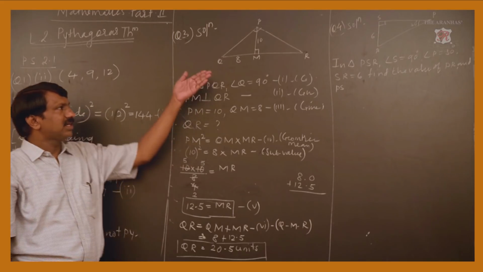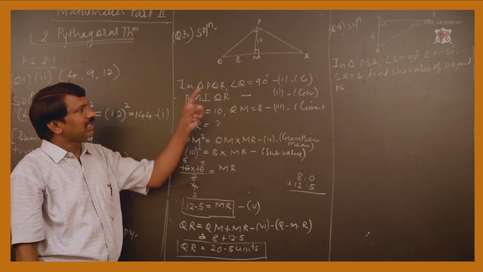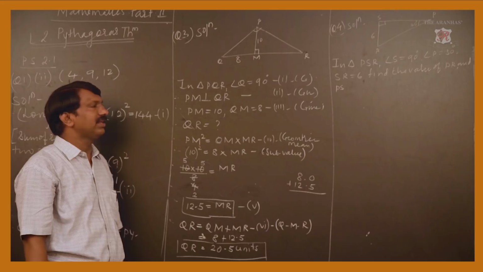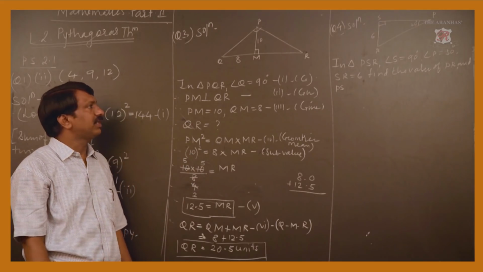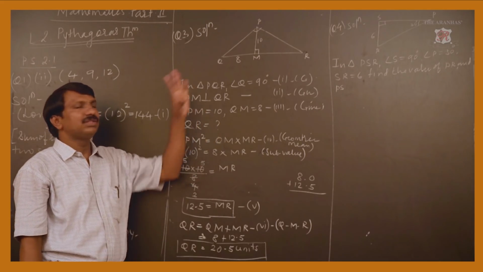So, in triangle PSR, angle S is 90, angle P is 30 degrees, SR is equal to 6 units. Find the value of PR and PS.